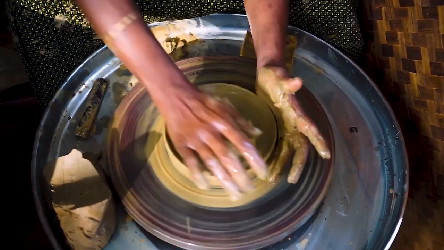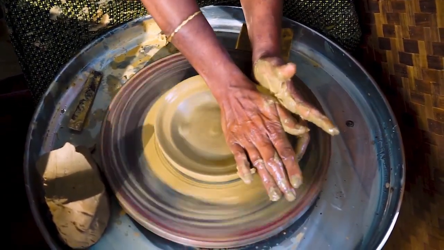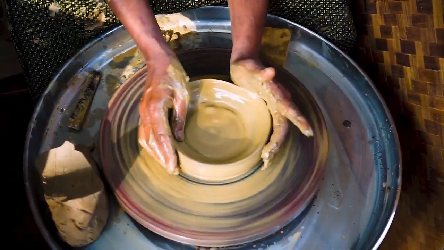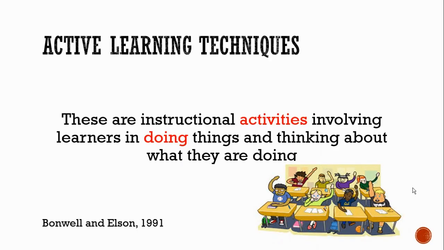And of course, when they do something, they need to reflect or think about what they're doing. So basically, that is what we call active learning. So you need to engage your learners so that they're able to perform tasks among themselves, of course, through you guiding the session.